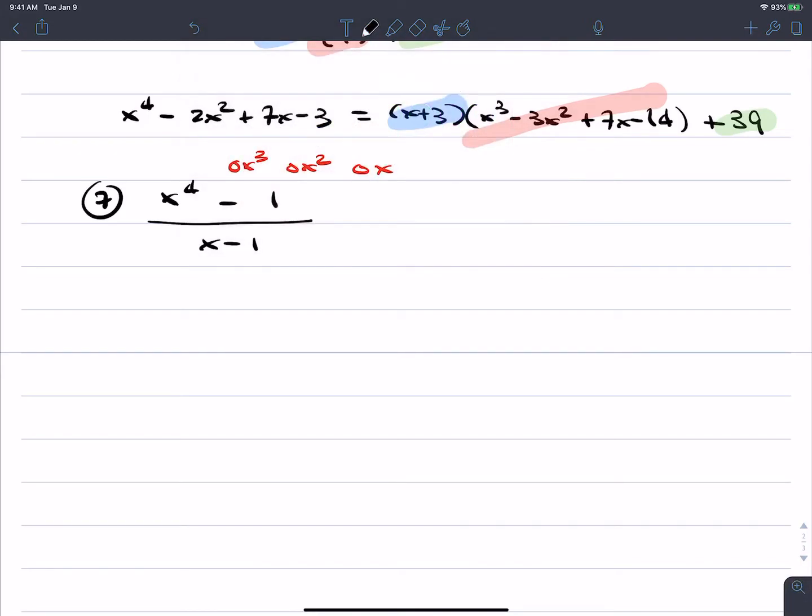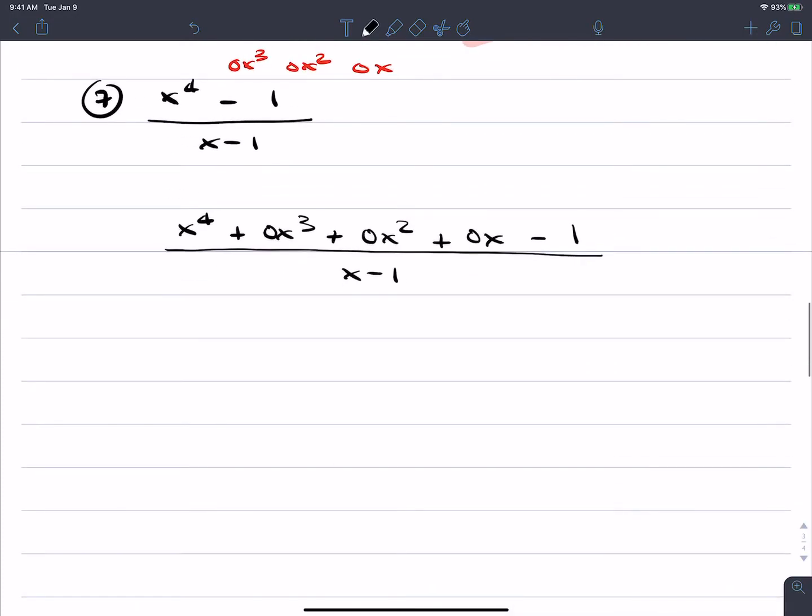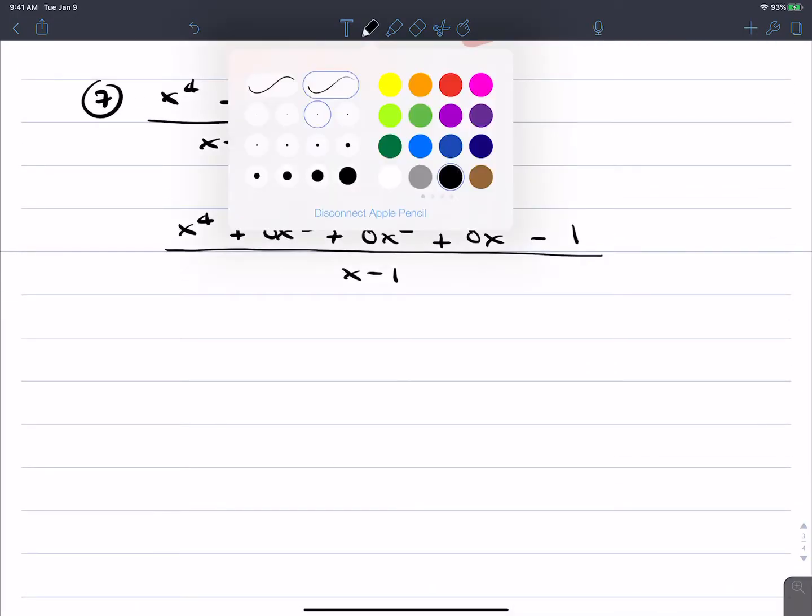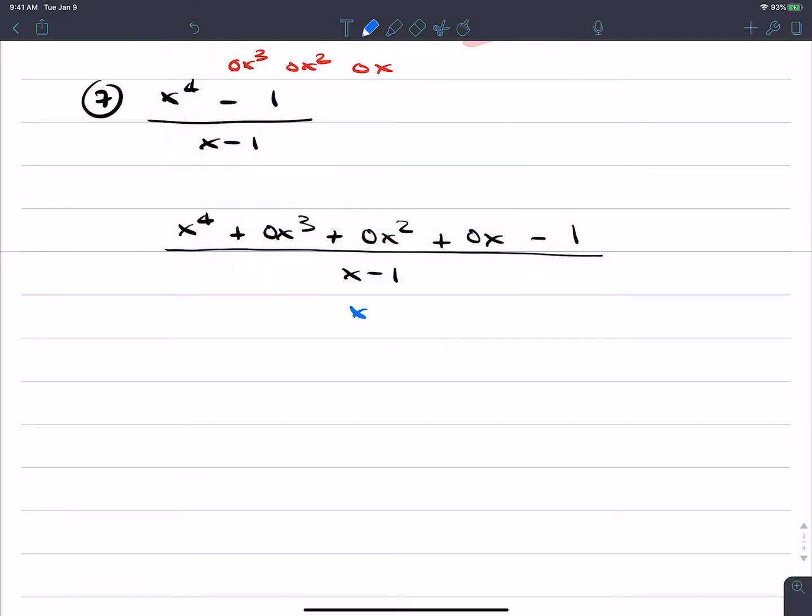So the question should really look like this: x to the 4th plus 0x cubed plus 0x squared plus 0x minus 1. You're going to divide by x minus k. So in this case, k here is going to be 1.